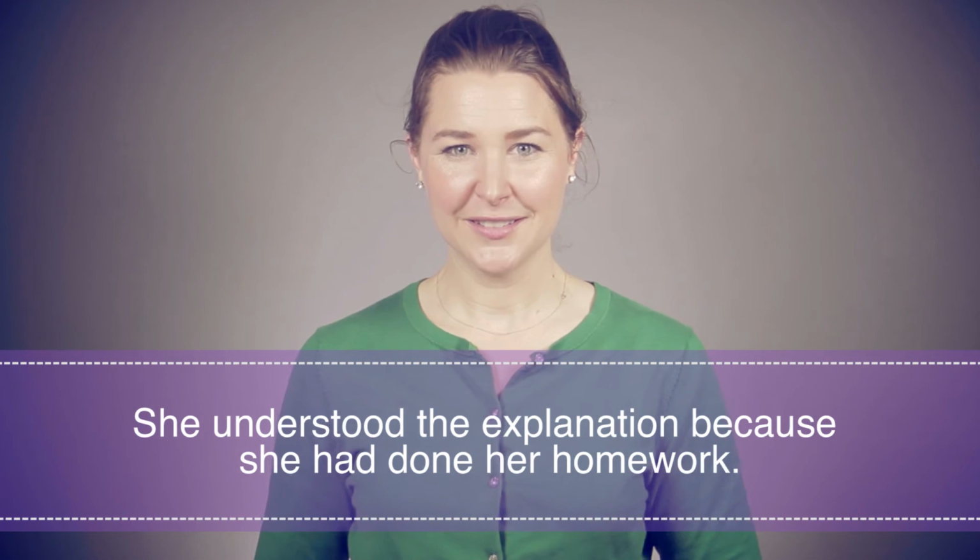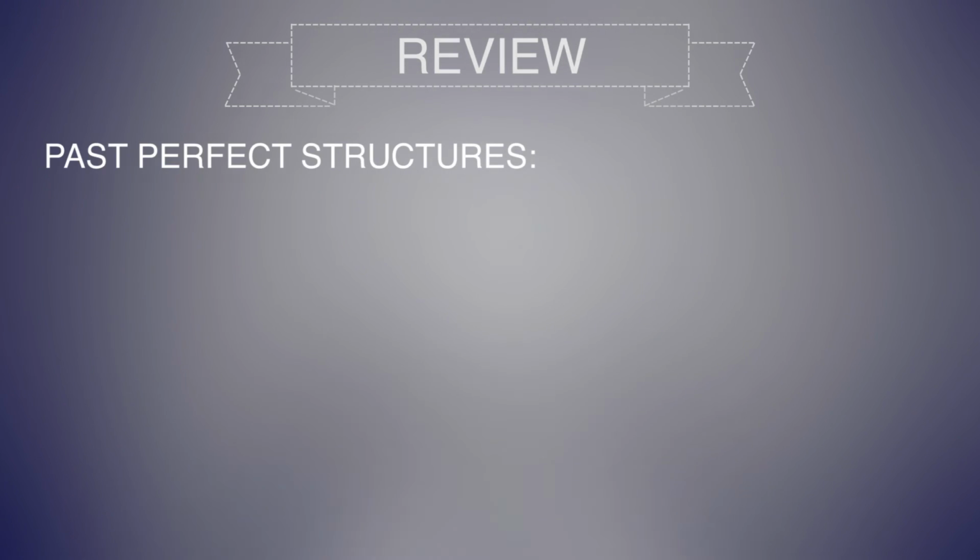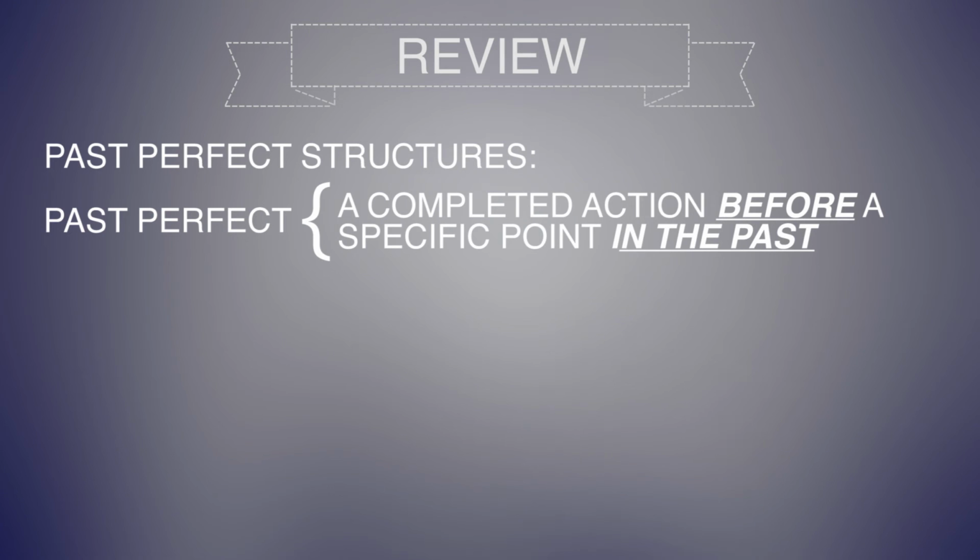Great work, everyone. I think by now you should be getting a good understanding of how to use the past perfect. Let's have a quick review before we finish up. Past perfect structures. The past perfect is used to describe a completed action before a specific point of time in the past.